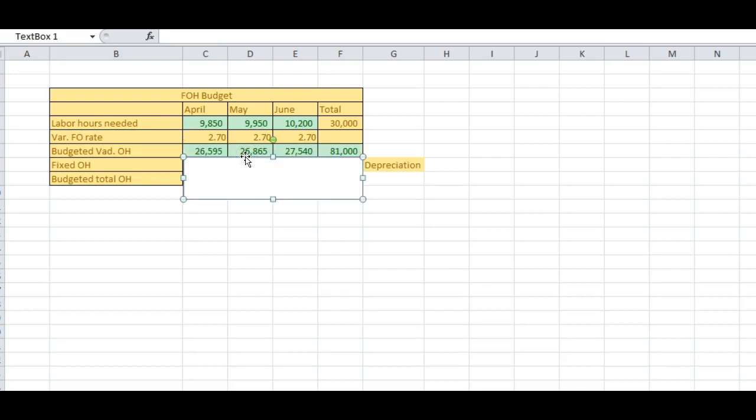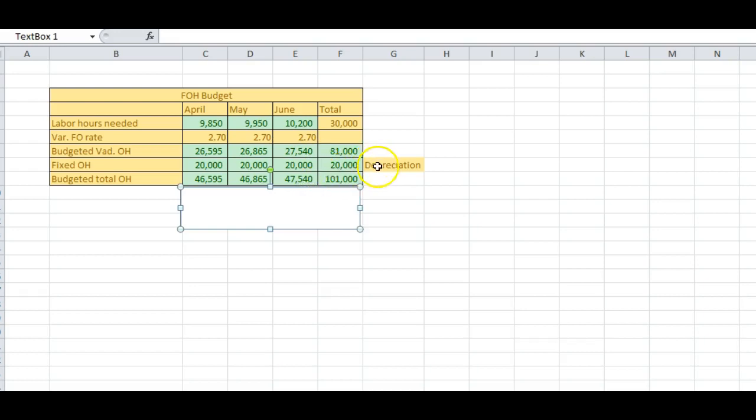So we multiply that out and come up with the variable overhead. And then we have fixed overhead to pop in, which is a given, and that is from depreciation. That's a fixed overhead that can't change. So that's 20,000. So now we have our budgeted total overhead.